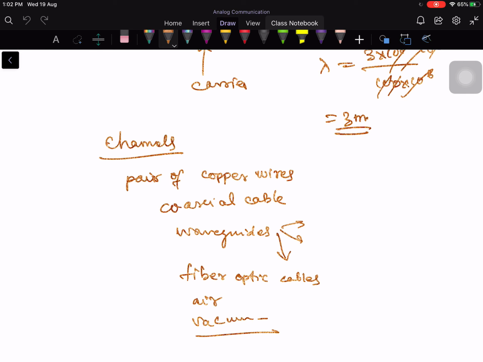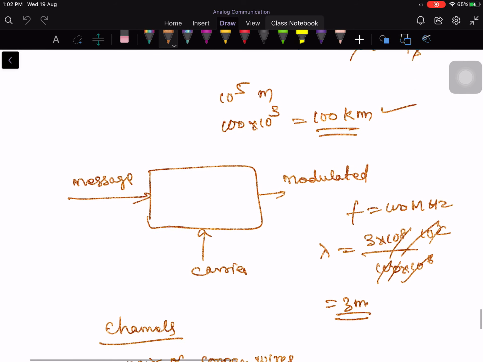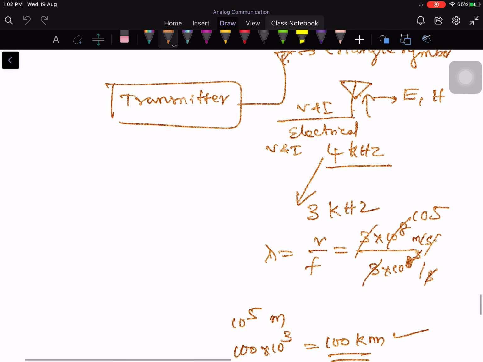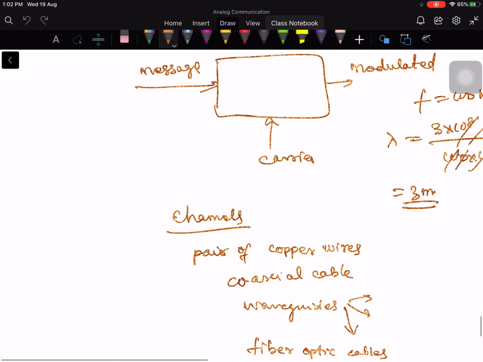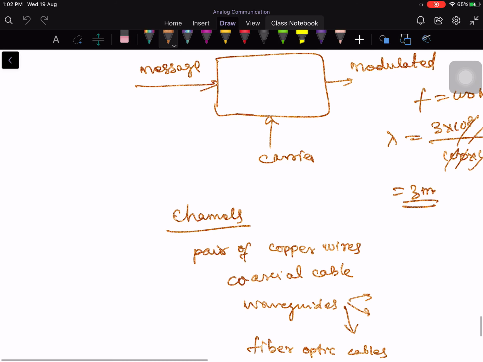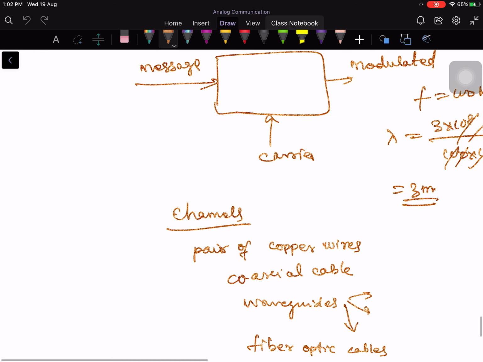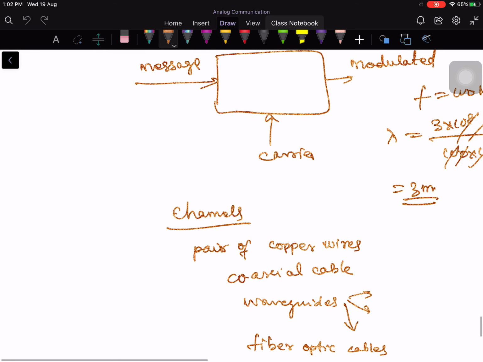After the channel, you give it to the receiver block, and the receiver will undo the different types of distortions, removing the distortions and removing the noise to a certain extent. Of course, it cannot remove the distortion completely, and then it gives it to the intended user.